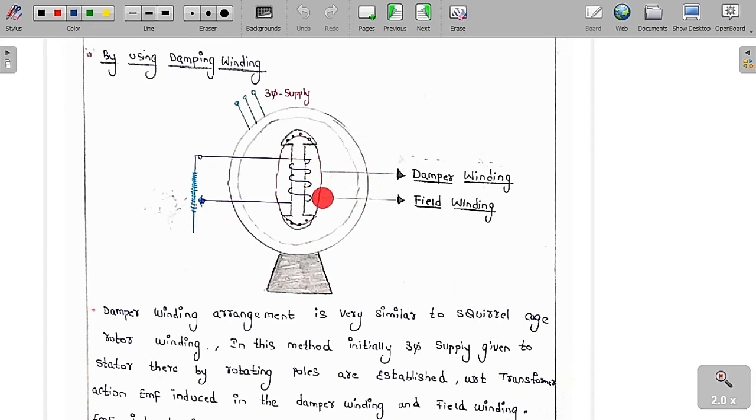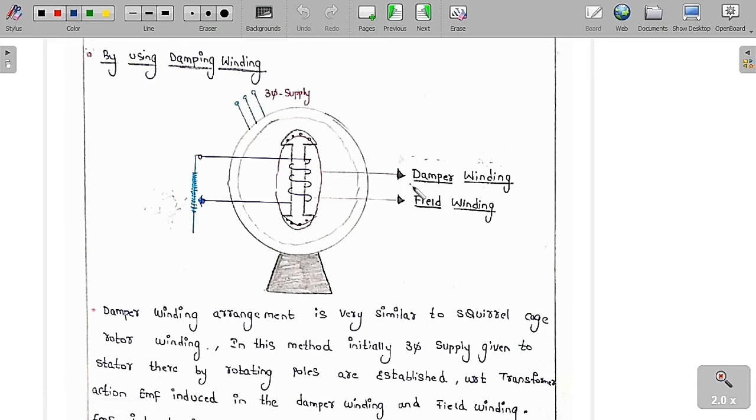Whenever NR is less than NS, it is called induction torque, which means we are going to increase the speed to NS. Let me tell you what happens with the help of this damper winding. Suppose I increase the load, the speed may decrease. Suppose due to some external disturbance the speed of the rotor decreases, then an induction torque is going to be present between the rotor and the synchronous speed.